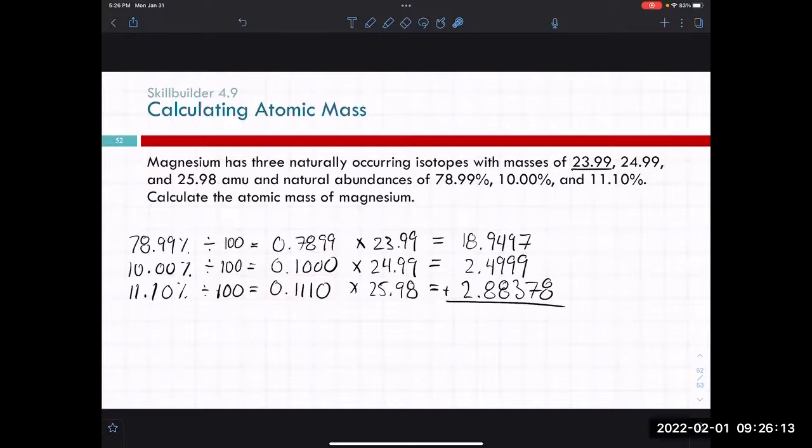So there's less of those affecting the overall atomic mass. So we just add all of these together. And our final answer here, I guess before accounting for sig figs, would be 24.33338.